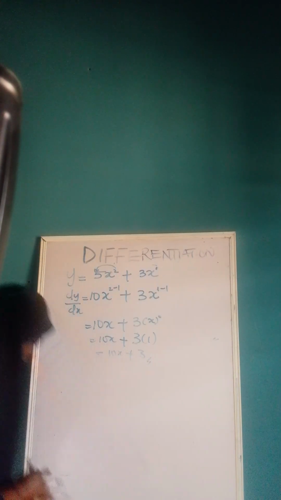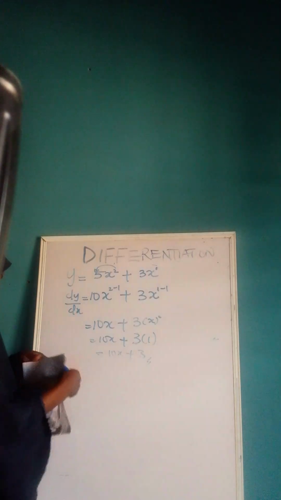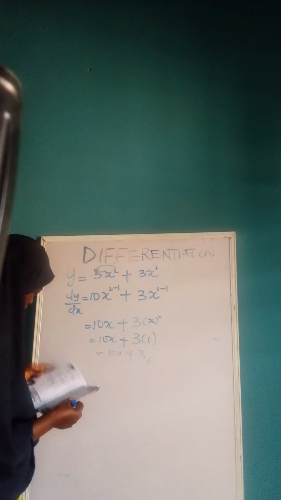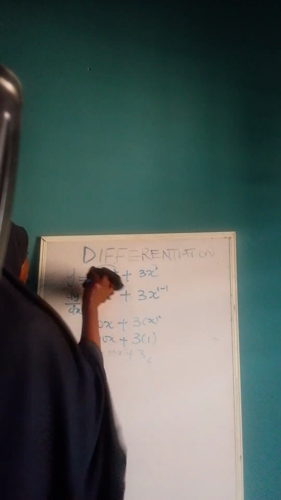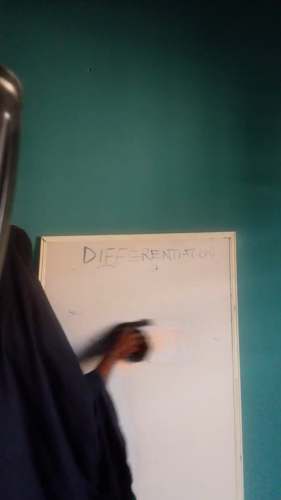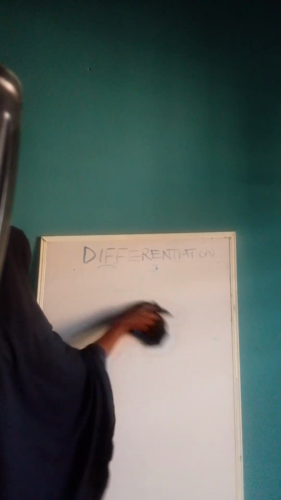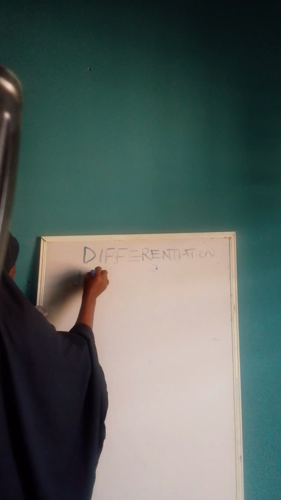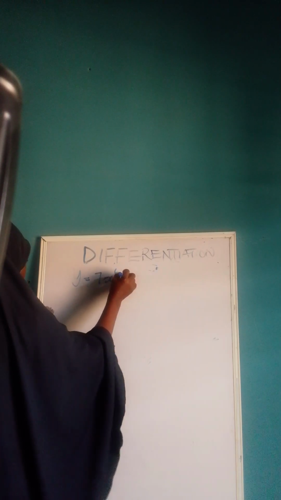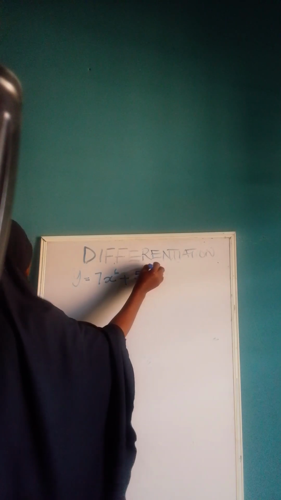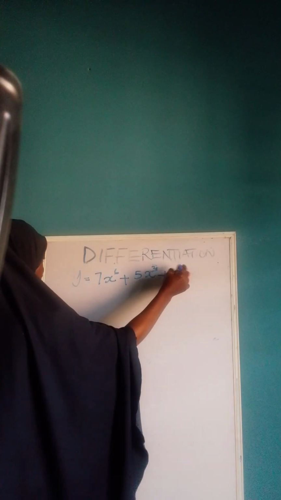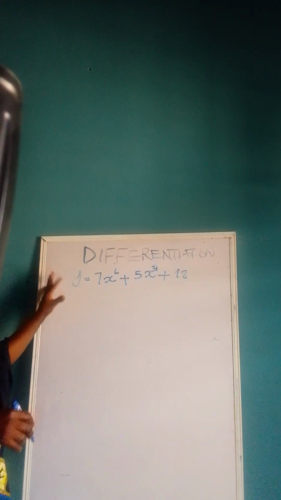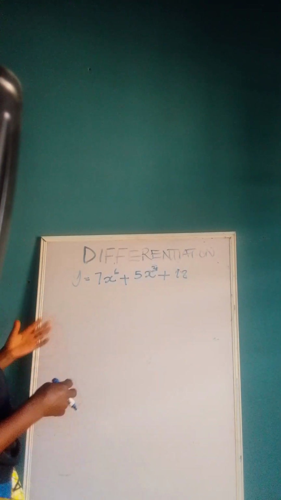As simple as that. Let me give you another one. Assuming our y is equal to 7x raised to power 6 plus 5x raised to power 3 plus 18. We are given that this is our y, and you are asked to find the derivative. So what are you going to do?